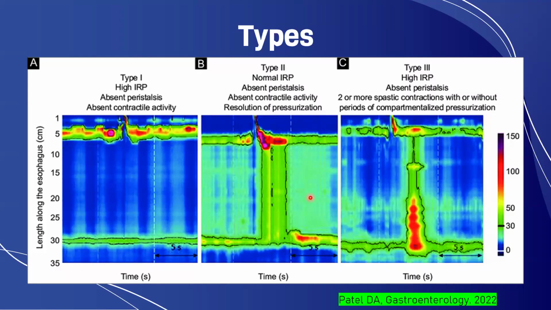In type 2, there is normal integrated resting pressure, absent peristalsis, and again there is pan-esophageal pressurization. Type 3 has high integrated resting pressure, absent peristalsis, and two or more spastic contractions, as we can see over here, without periods of pressurization.